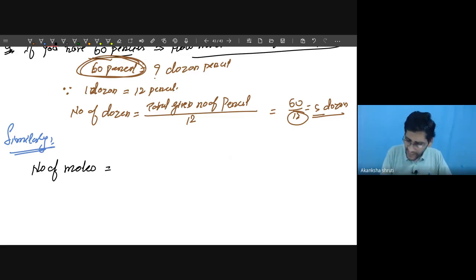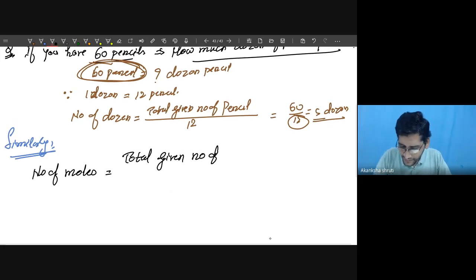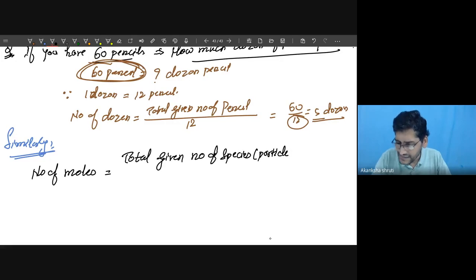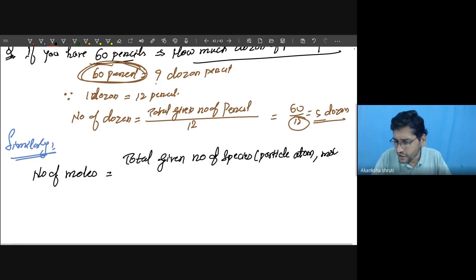The number of moles can be calculated from the total given number of particles or species. It may be a particle, if we are considering the atom, or we may consider a molecule.